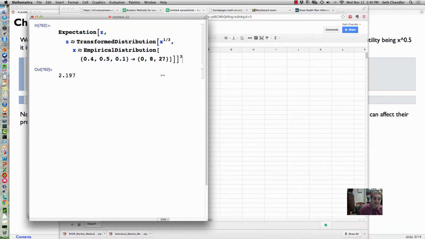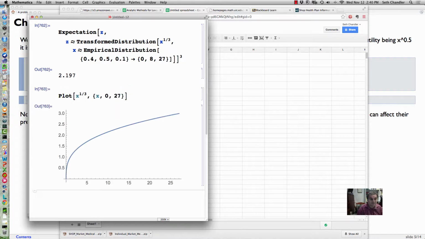function. Okay? And so one way of thinking about this is, let's actually plot what a cube root function looks like over the relevant domain as x goes from, let's say, 0 to 27.